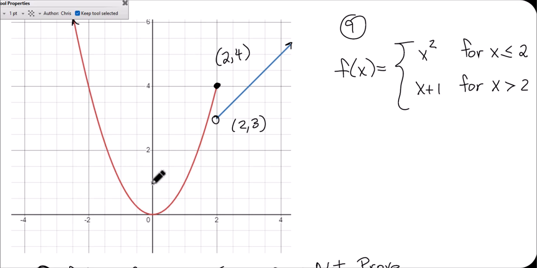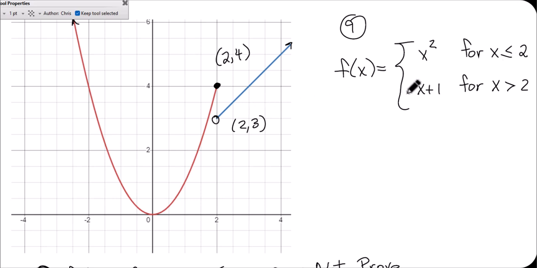But in the piecewise defined case, we only need parts of the original functions. For the x squared, I'm chopping it at 2. So my normal U is chopped at 2. Where is this dot? Well, put in 2. 2 squared is 4. It's a closed dot because there's an equal there.